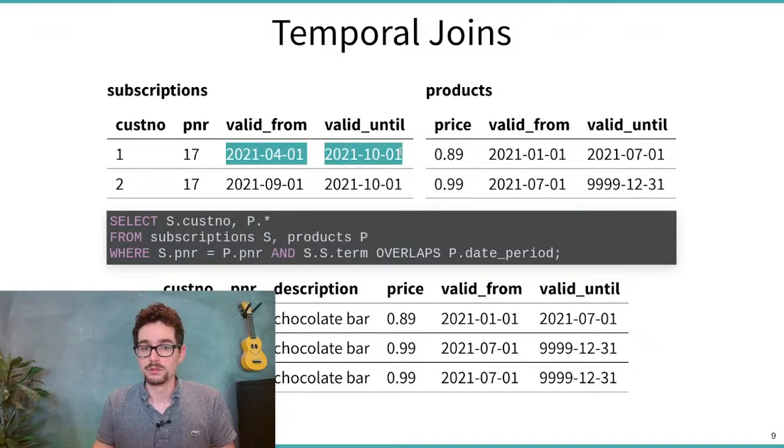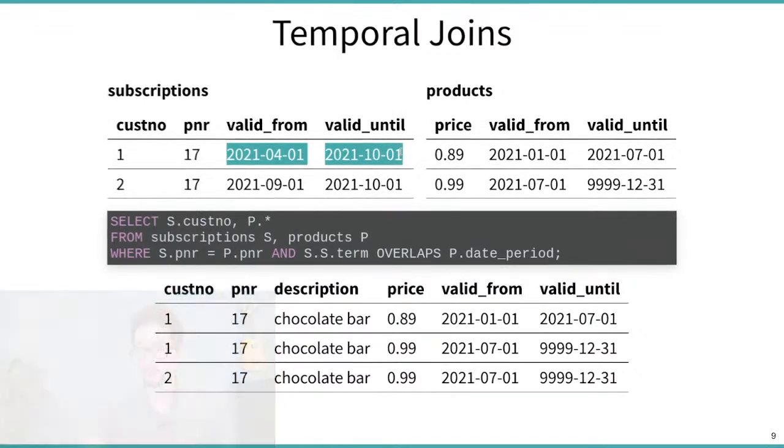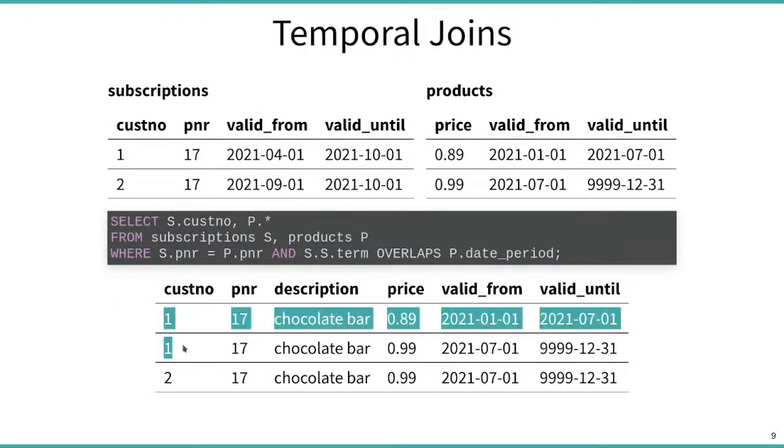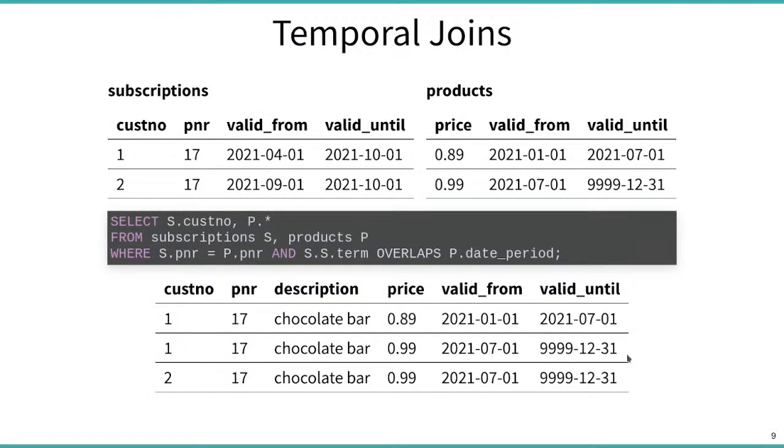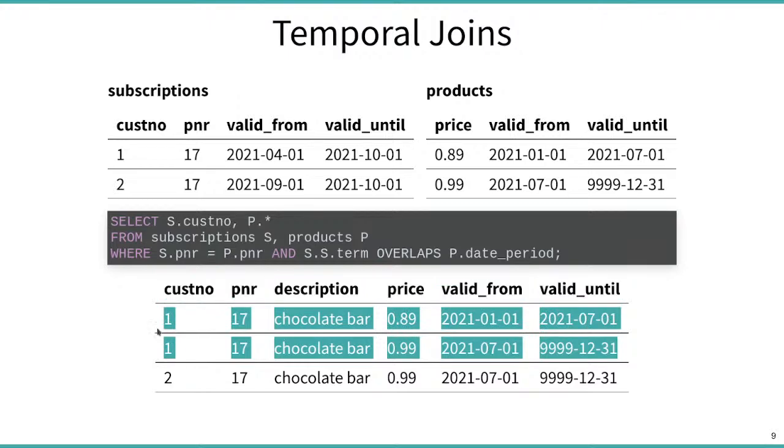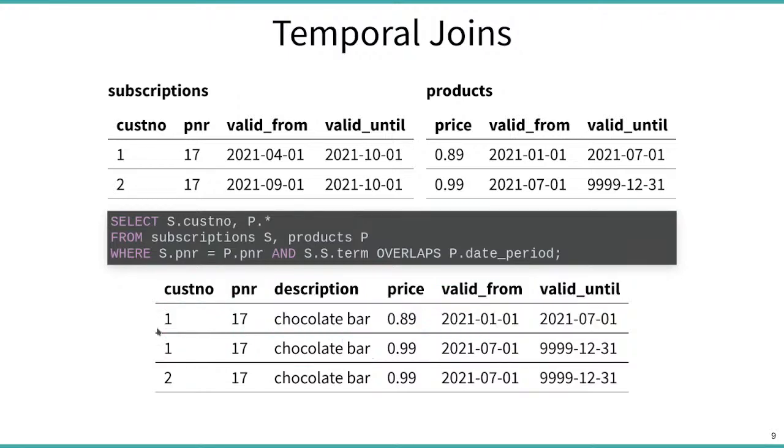So this customer number 1 appears now twice, and with that result we can now compute, for example, total cost of the subscription by calculating the number of days and so on.